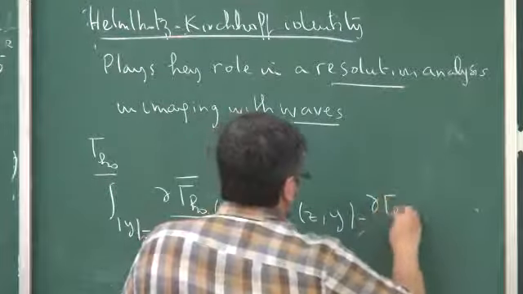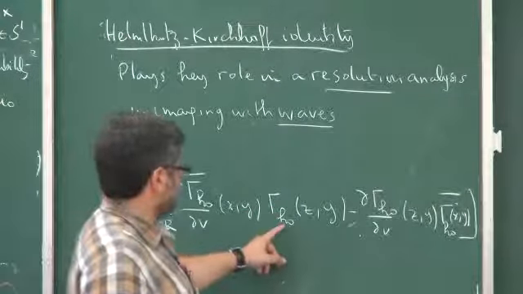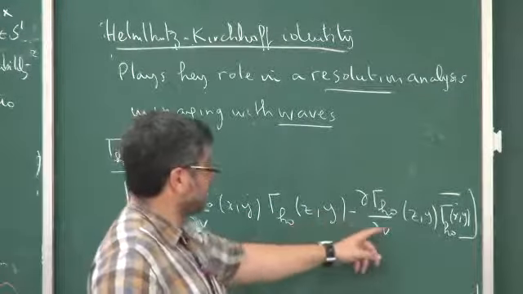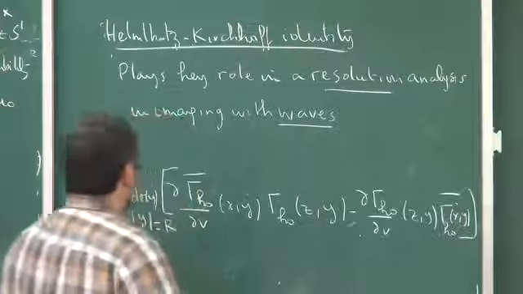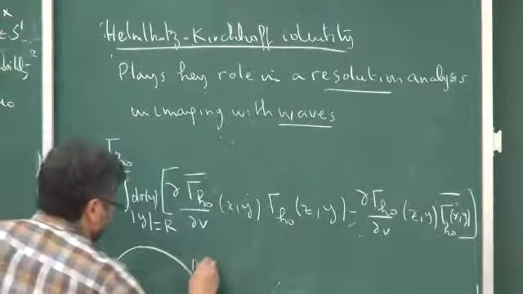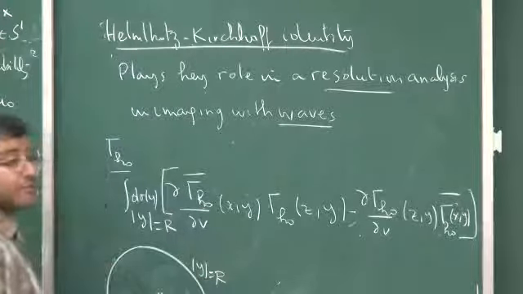So you take the fundamental solution, you conjugate it, you take its normal derivative at the point x and y, times gamma k0 (y, z), and you subtract the normal derivative at y of gamma k0 (y, z) times gamma bar (x, y). Here |y| equals R, and x and z are inside.